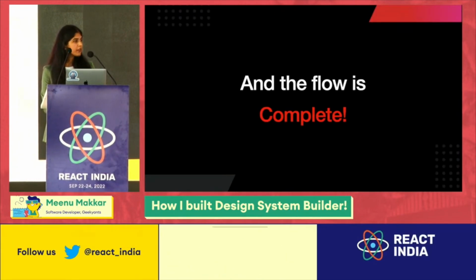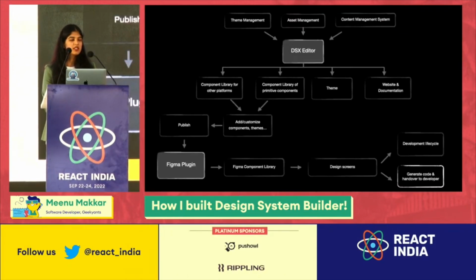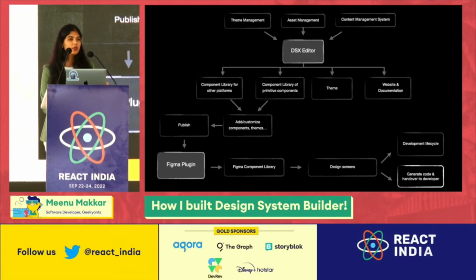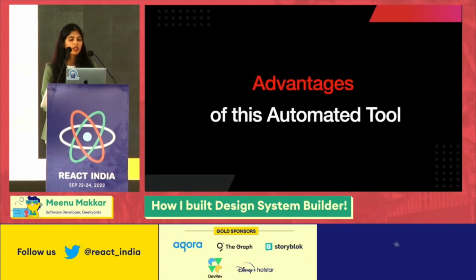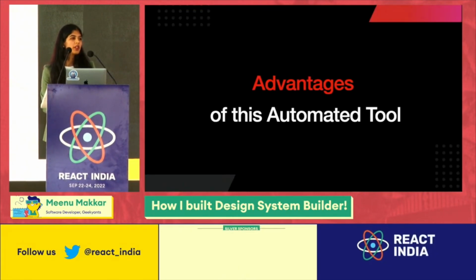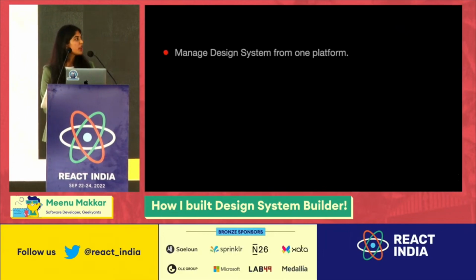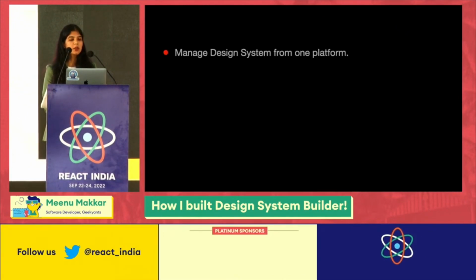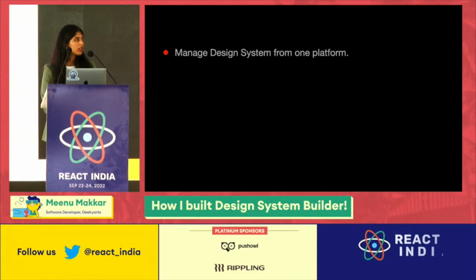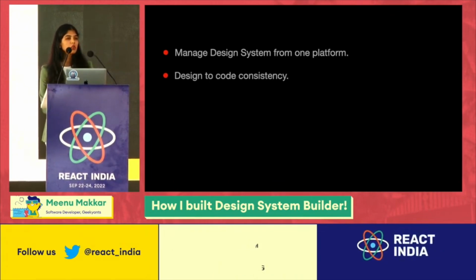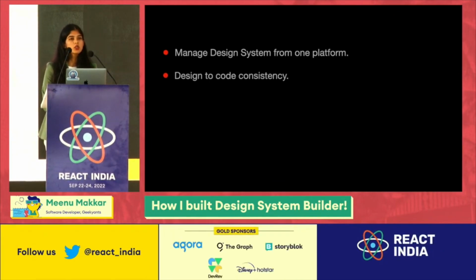The entire flow that we discussed is now complete. This solves a major part of the design system, I would say. There are a lot of advantages of building it in the first place and then scaling. A few of those are: we can manage the design system from one platform. There is design-to-code consistency because the source of truth is single.